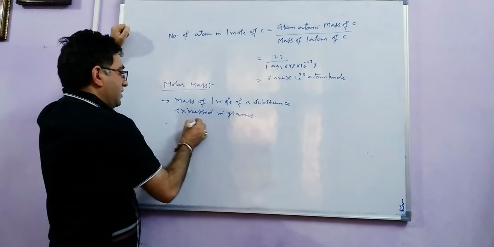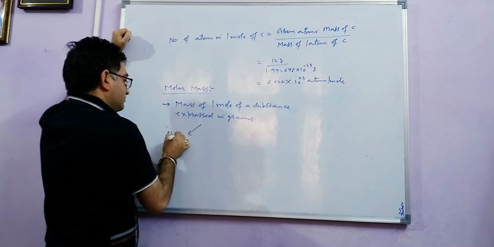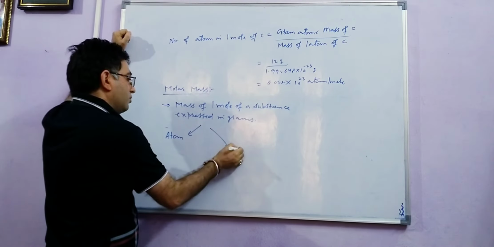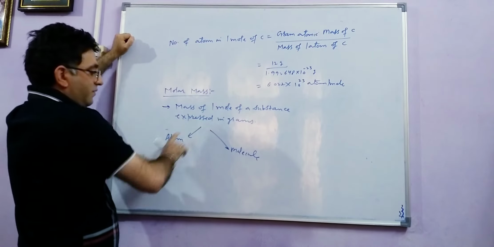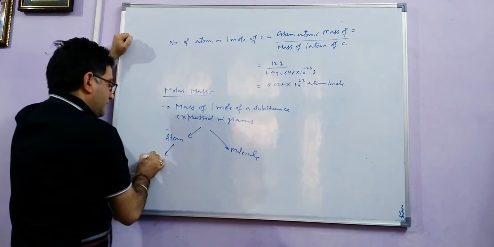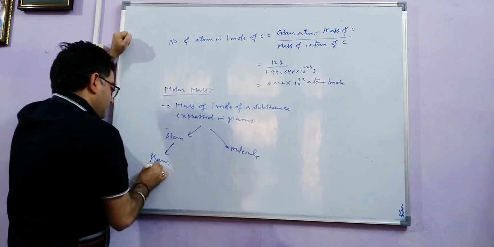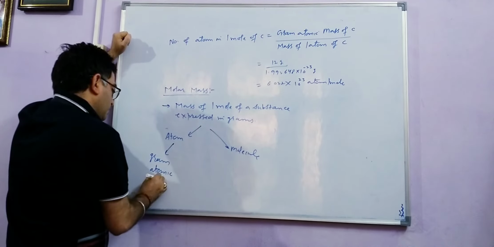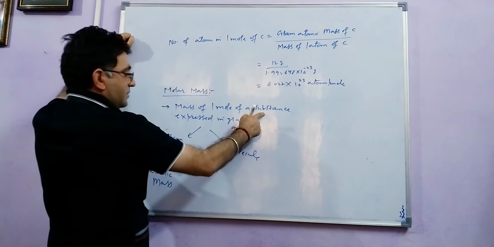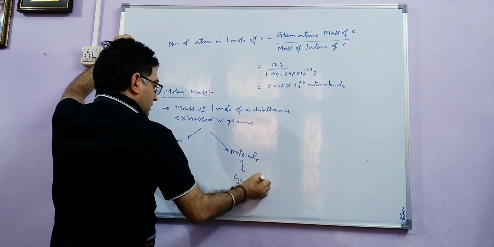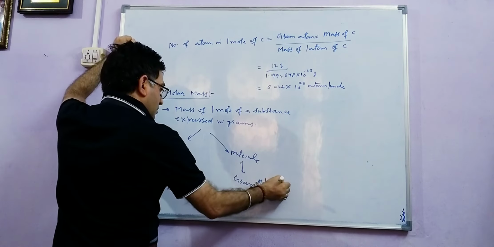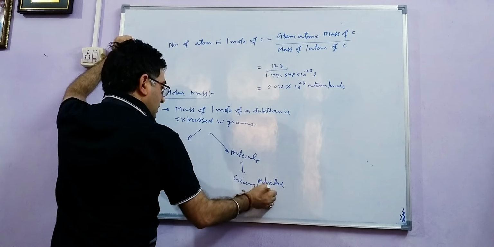Now the substance can be either atoms or molecules. When you talk of the mass of 1 mole of atoms in gram, it becomes gram atomic mass, and if we talk of the substance as molecules, it becomes gram molecular mass.